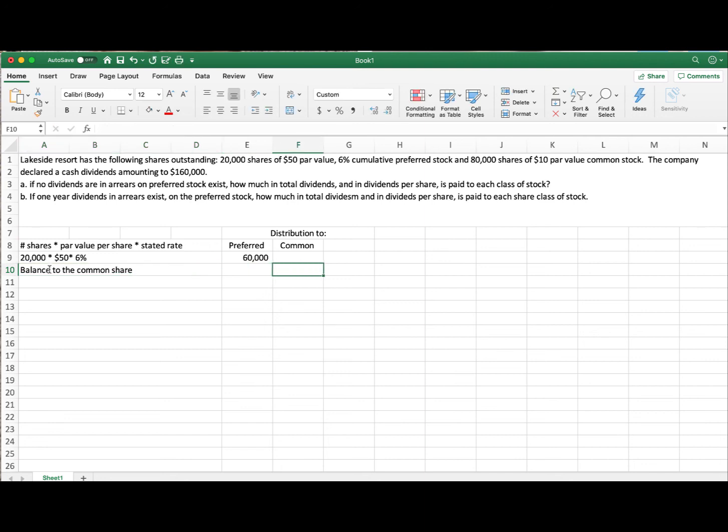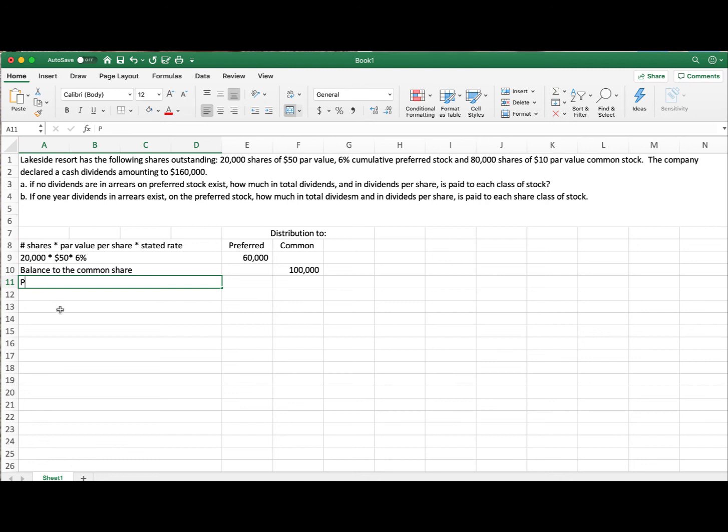I know that the total cash dividend is $160,000. I need to subtract how much we're distributing to the preferred, because preferred shareholders get their dividends first. Minus 60,000, I get $100,000. Super easy.